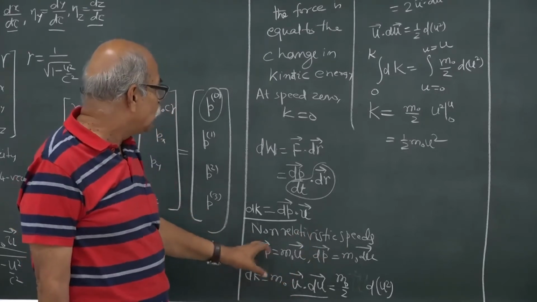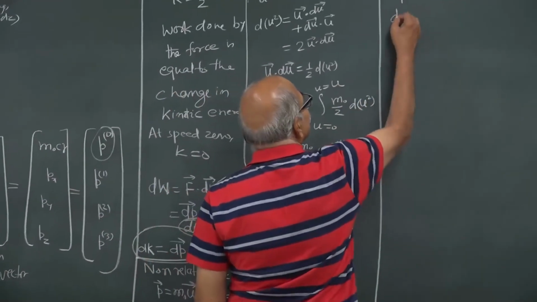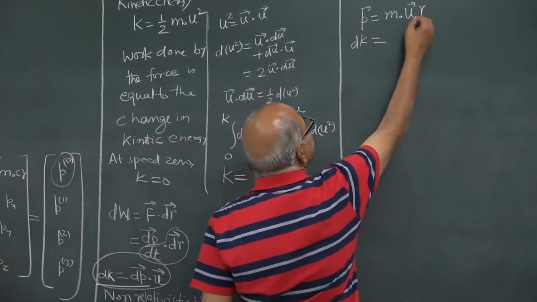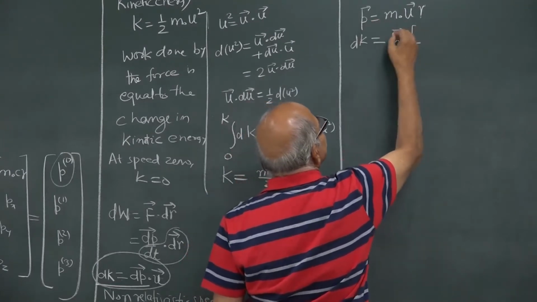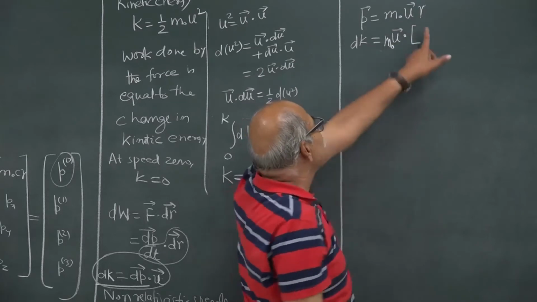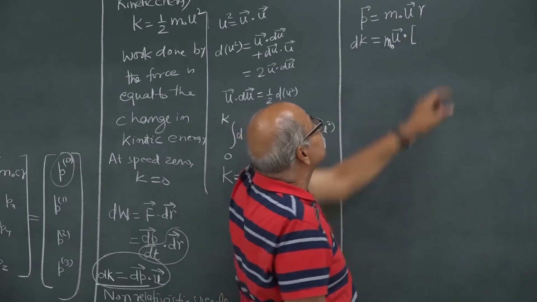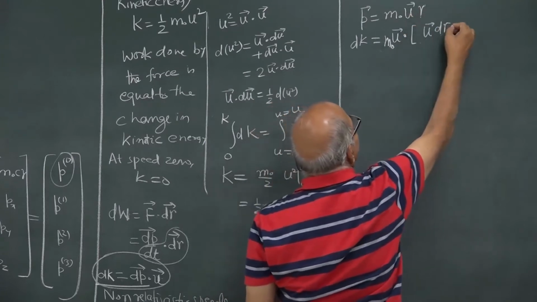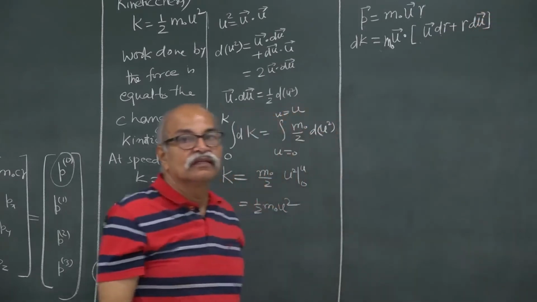Okay. So, we pick up from here, dK is equal to dp dot u, and what is dp? So, let me write u dot dp, and what is dp? m naught is constant, so I can write m naught here, and u is here and gamma is here, again there is a product, and therefore it will be u d gamma plus gamma du, right.